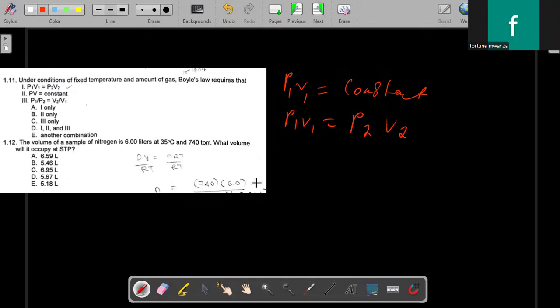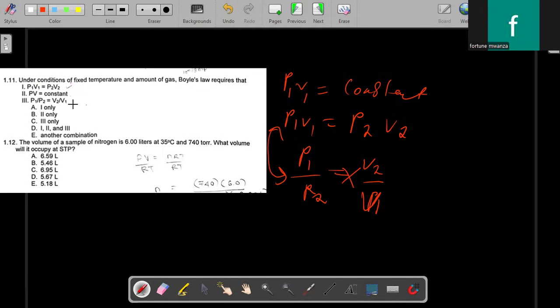I can also write this another way: P1 divided by P2 is equal to V2 divided by V1. If you cross multiply, you still get the same equation.